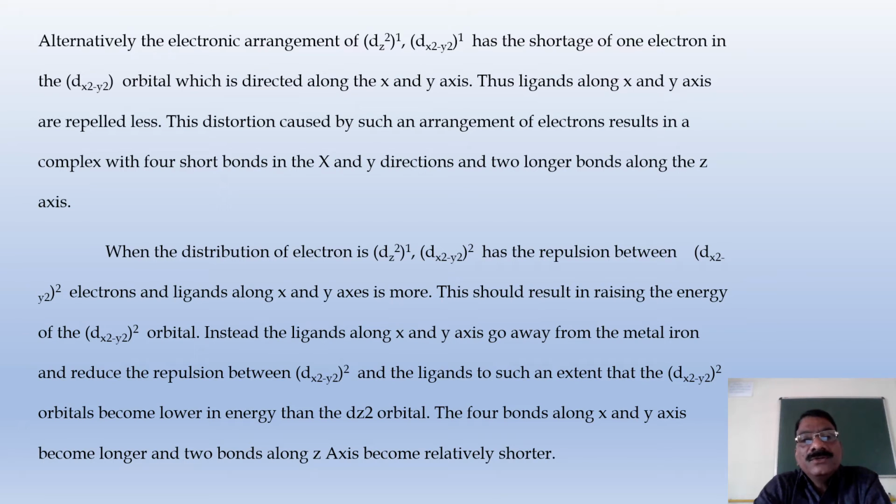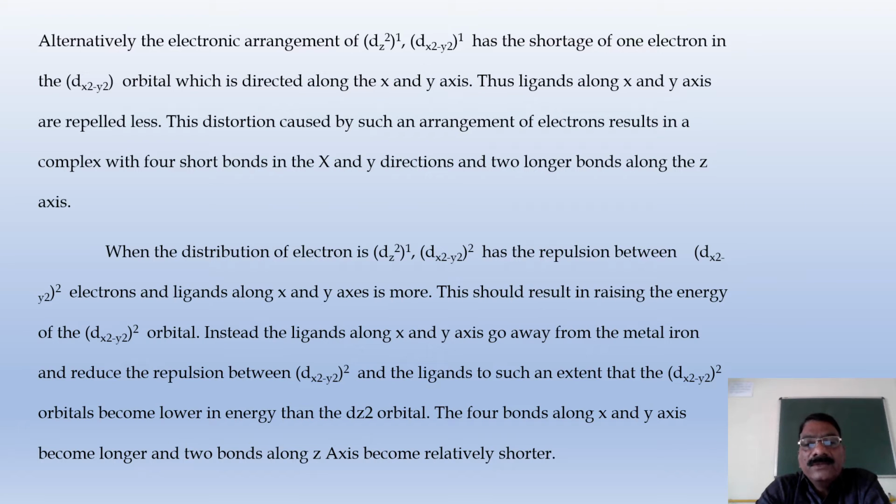When the distribution of electrons is dz square 1, dx square minus y square 2, the repulsion between dx square minus y square 2 electrons and ligands along the x and y axis is more. This should result in raising of the energy of the dx square minus y square orbital.